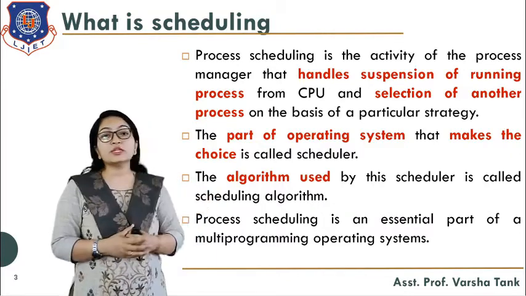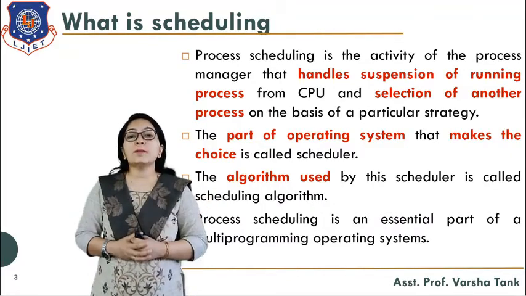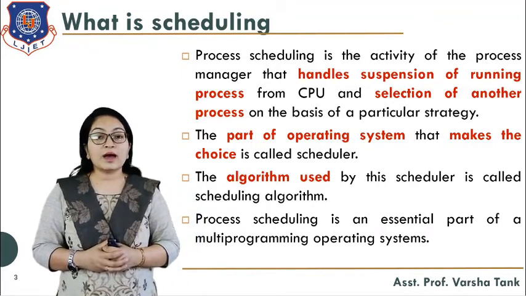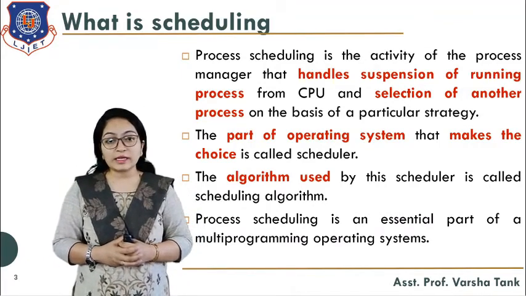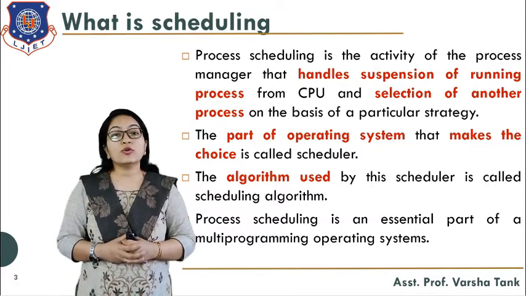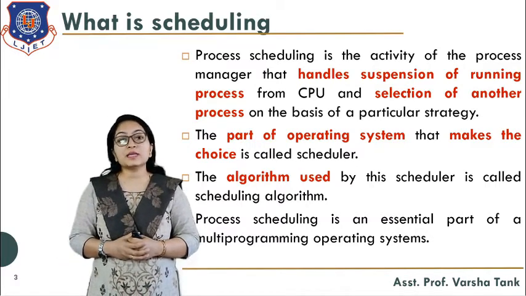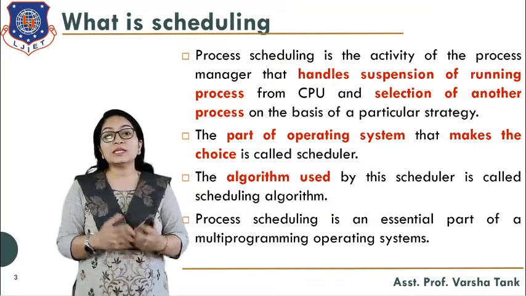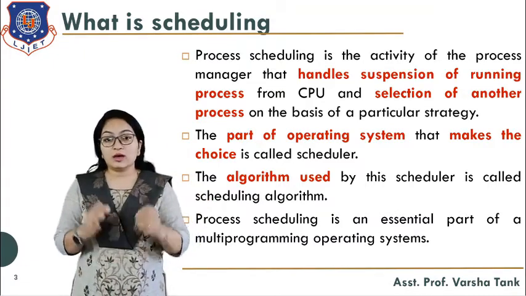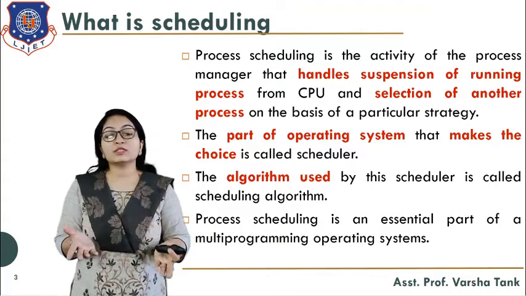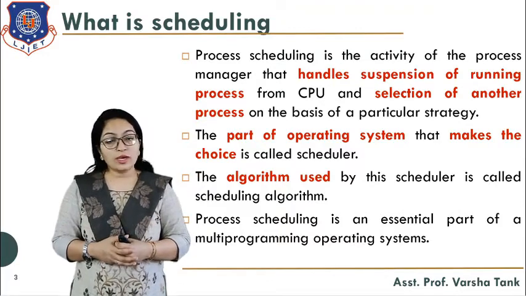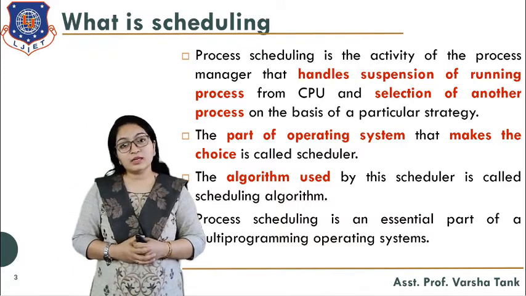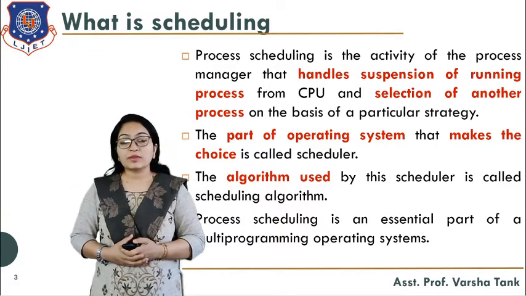Process scheduling is an essential part of a multi-programming operating system because there are multiple processes in execution. So we have to select one process and suspend another process, because at a time only one process is in execution.